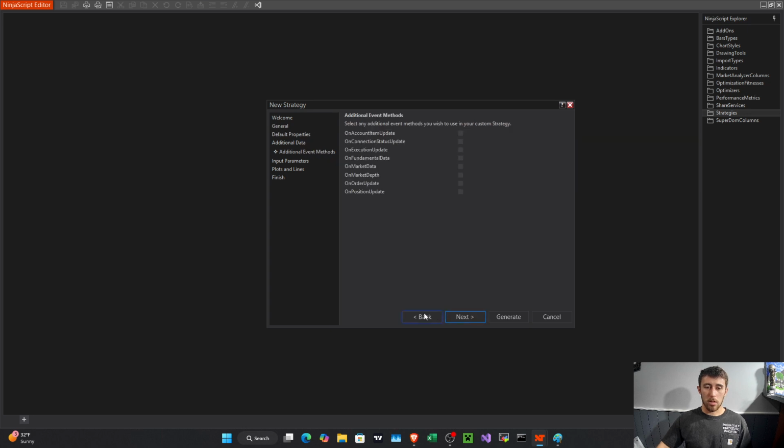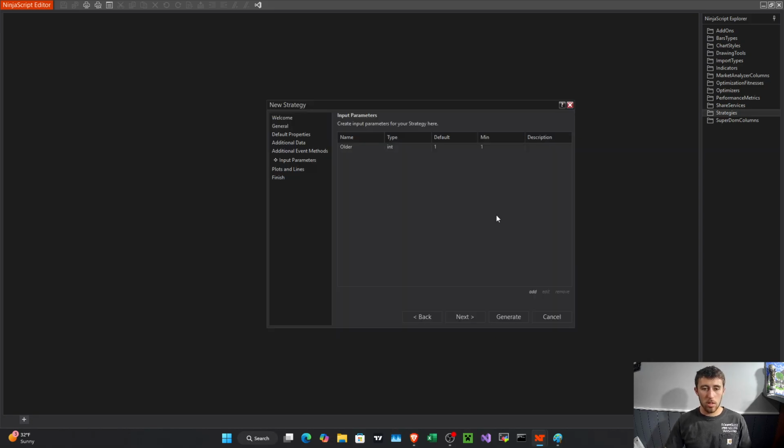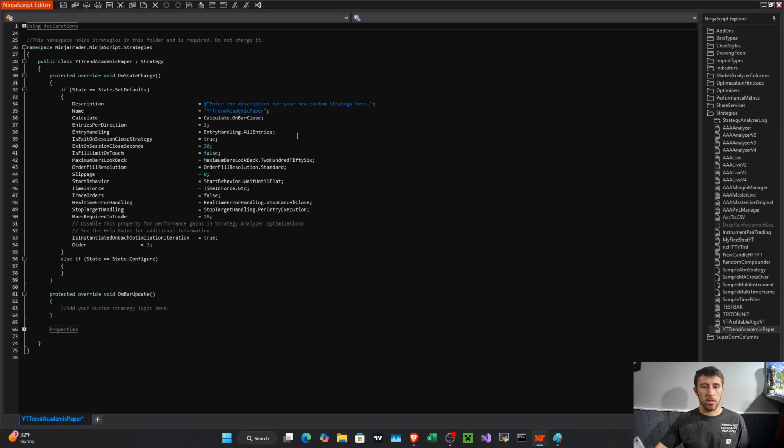Next, input parameters, holder, that just helps us later. So then generate. Now we have our basic strategy and the template for it.